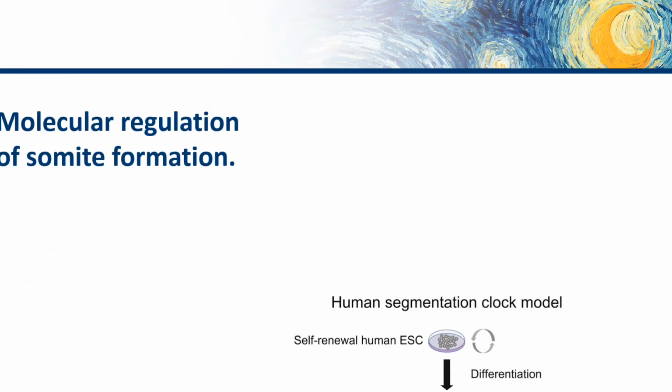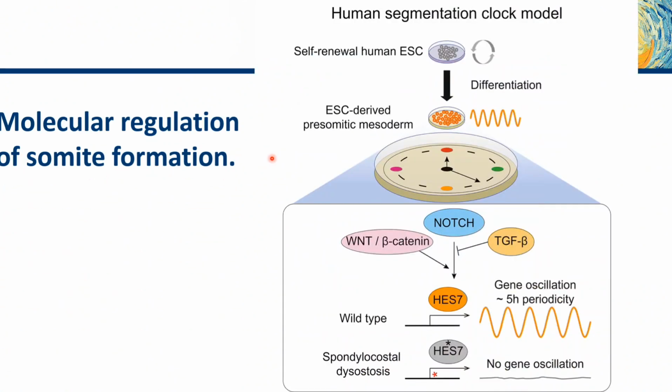So this is the molecular regulation of the somite formation, and it is in the form of the human segmentation clock model. In an oscillating pattern, different genes are expressed. In this diagram, you can see the human embryonic stem cells are taken, and they are activated to form the presomitic mesoderm to see the human segmentation clock model.